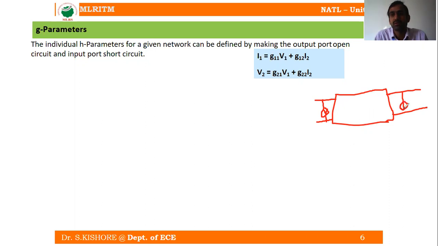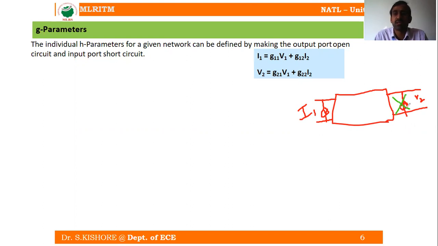You are going to measure I1 over here, and you are going to measure V2 over here. Right? So now we made I2 equal to 0. That means this is going to be the open circuit, so this is not going to be there here. So this is open circuit.